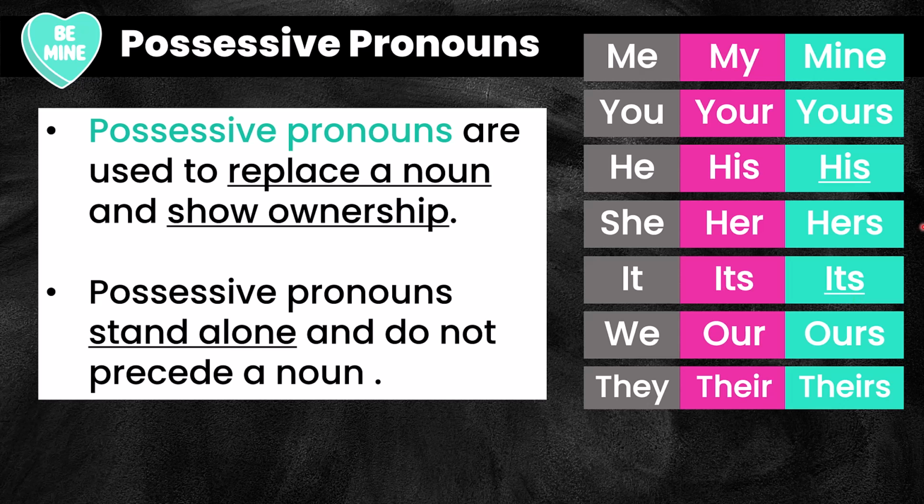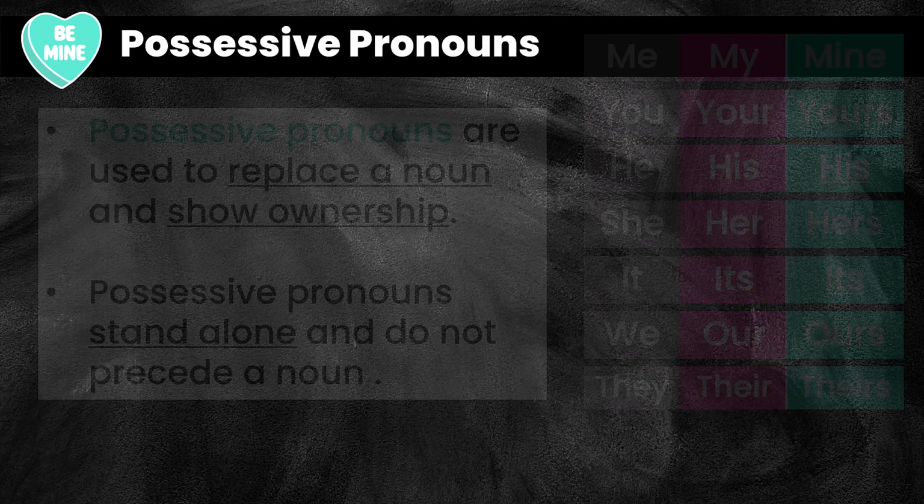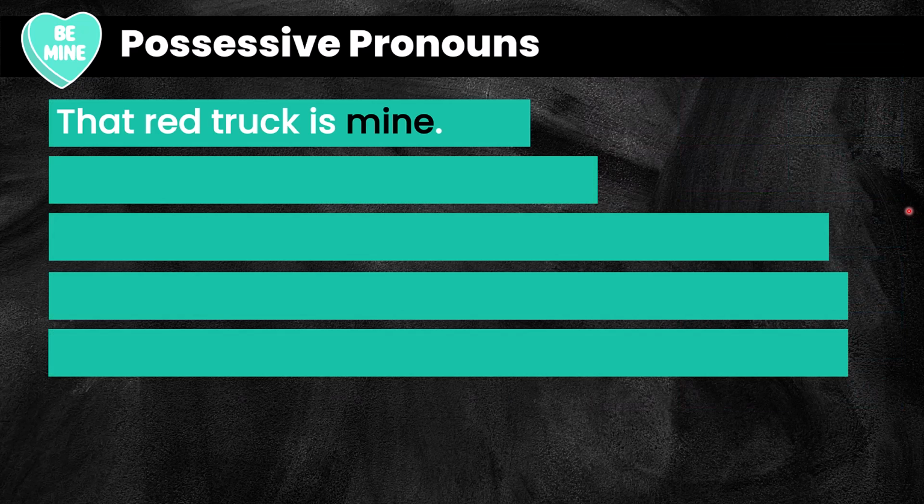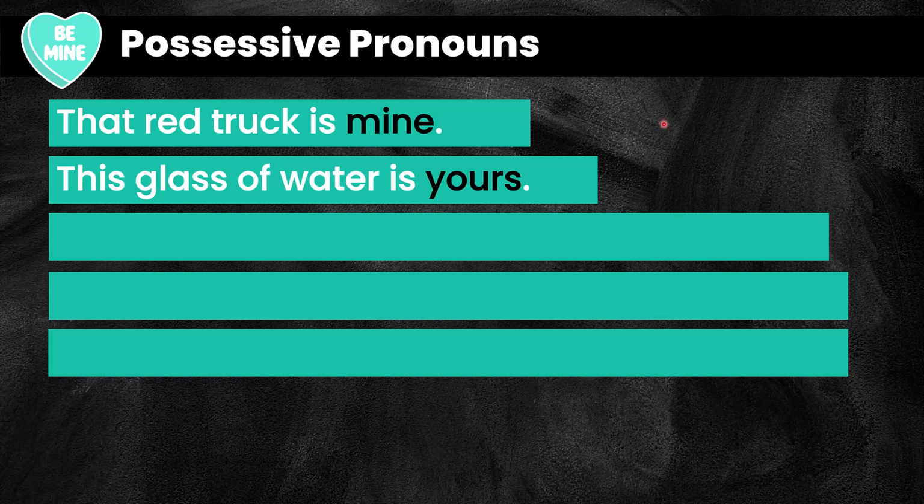So let's look at some example sentences. That red truck is mine. Notice that the possessive pronoun mine does not come before any noun. This glass of water is yours. Once again, there is no noun that follows this pronoun.